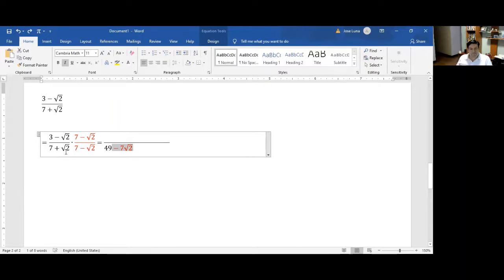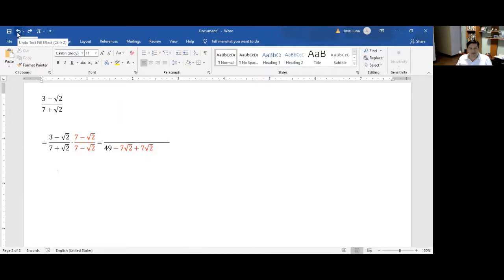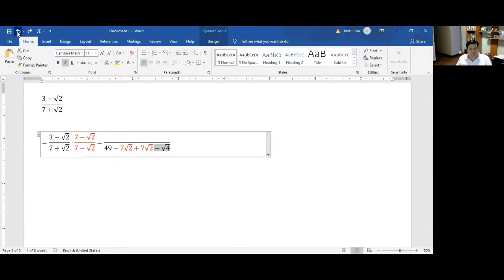And then positive the square root of 2 times 7, so that would be plus 7 square root of 2. And finally, the square root of 2 times negative the square root of 2. And that is positive times a negative is a negative, so negative square root of 4. And that's what we have.